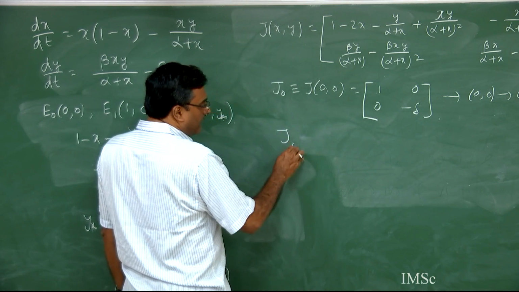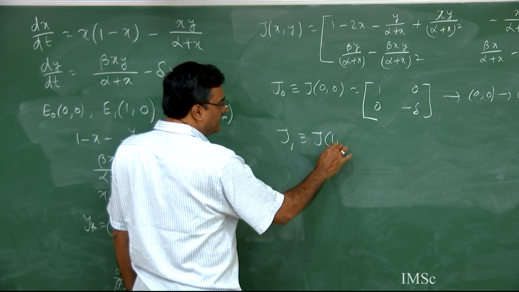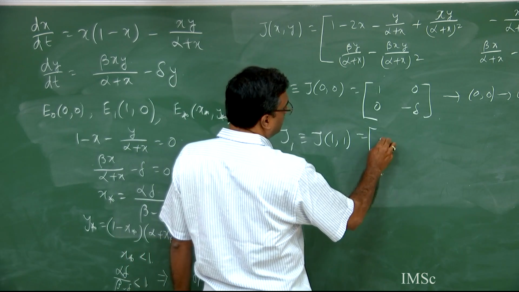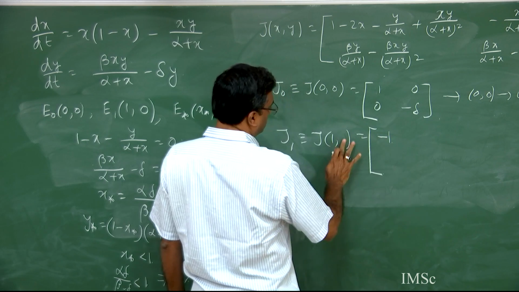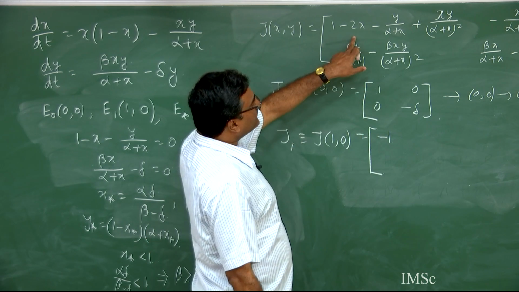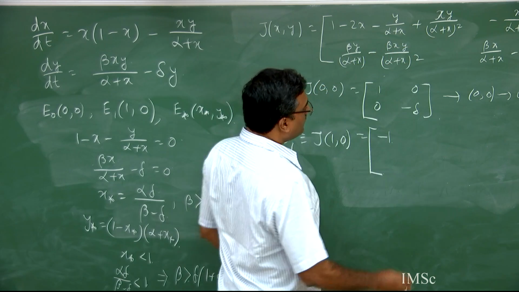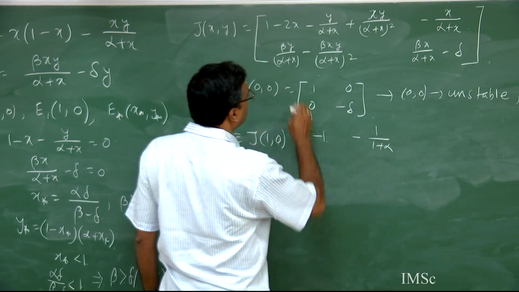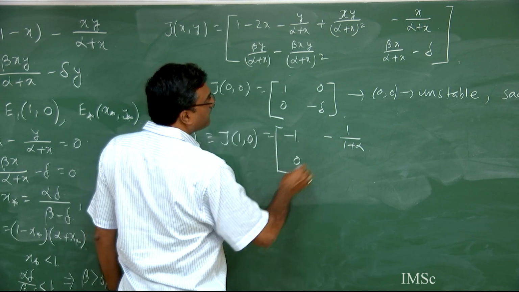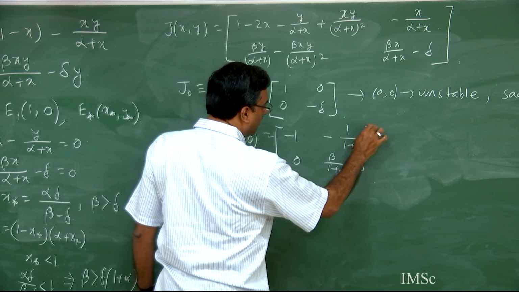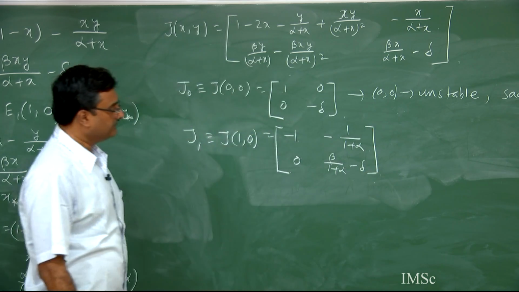Next, if you calculate J1, that is J evaluated at (1, 0), this will be equal to, sorry, this should be (1, 0). This is minus 1, no contribution from here, this is minus 1 by 1 plus alpha, this is equal to 0, and here you will be having beta by 1 plus alpha minus delta.